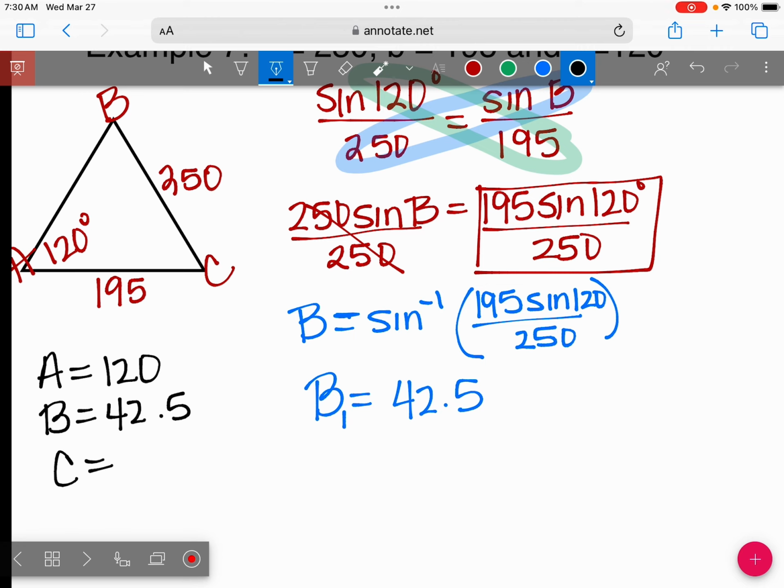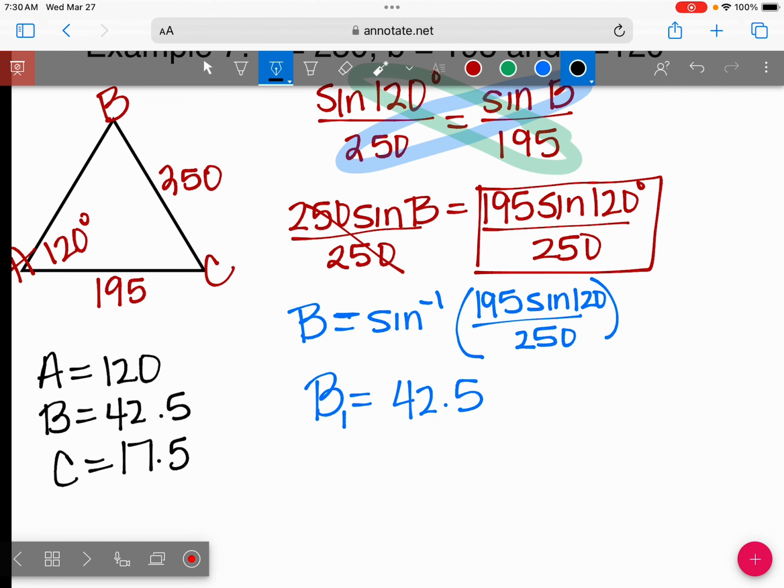Go ahead and do triangle sum to find what C would equal. So you're taking 180 and subtracting 120 and 42.5. And you should get 17.5.